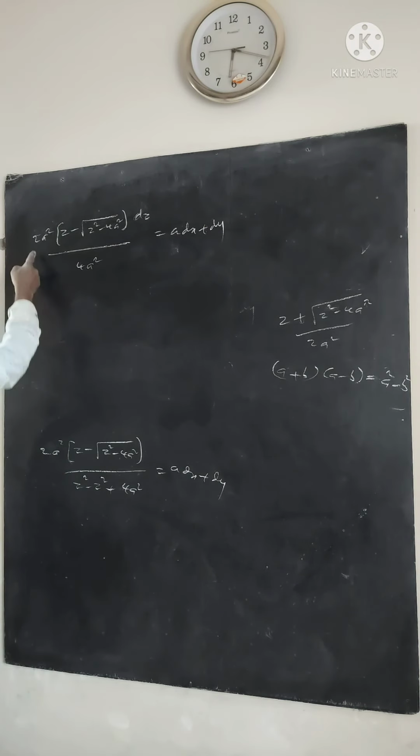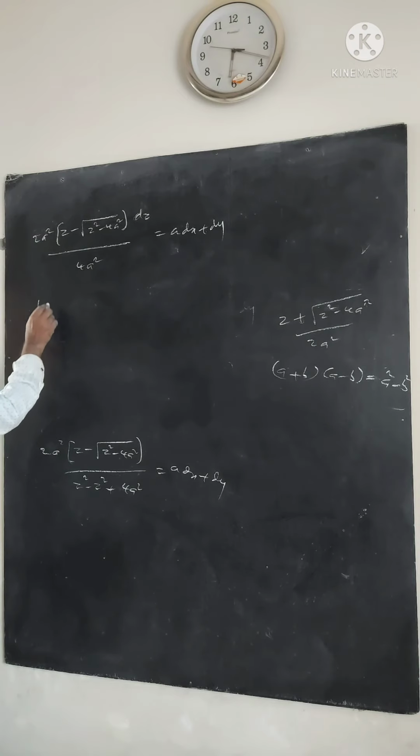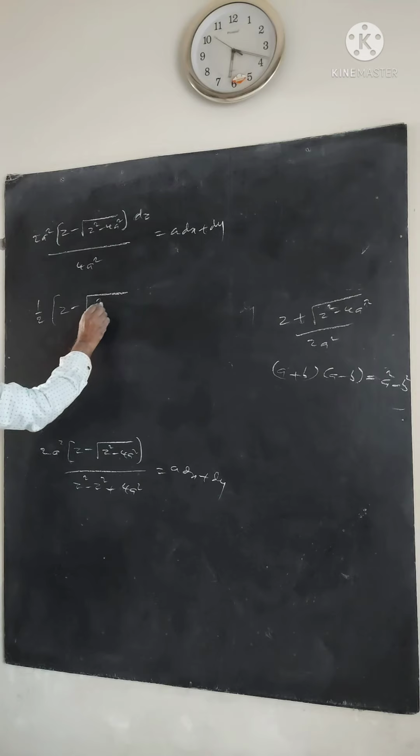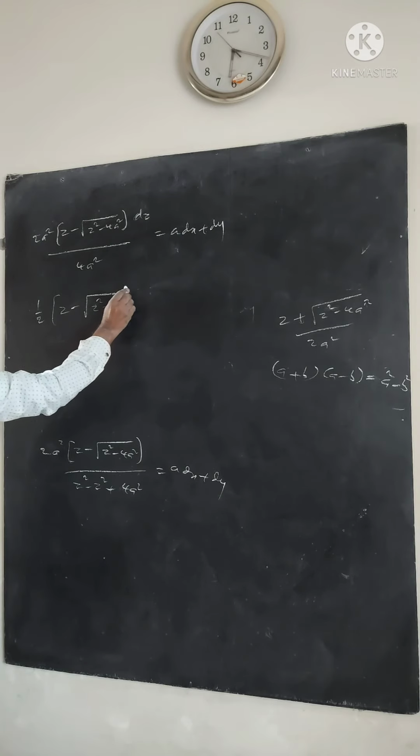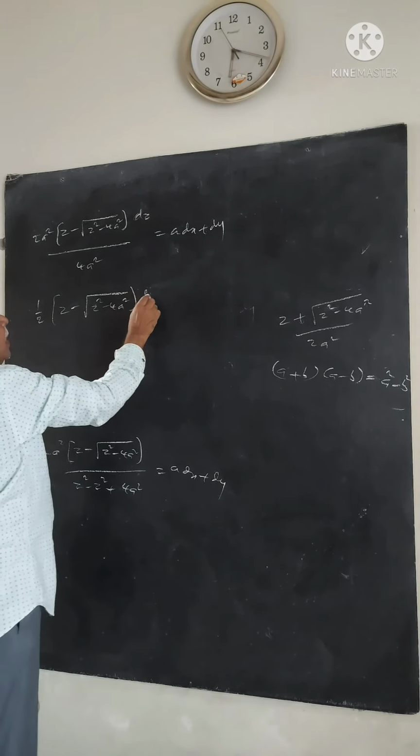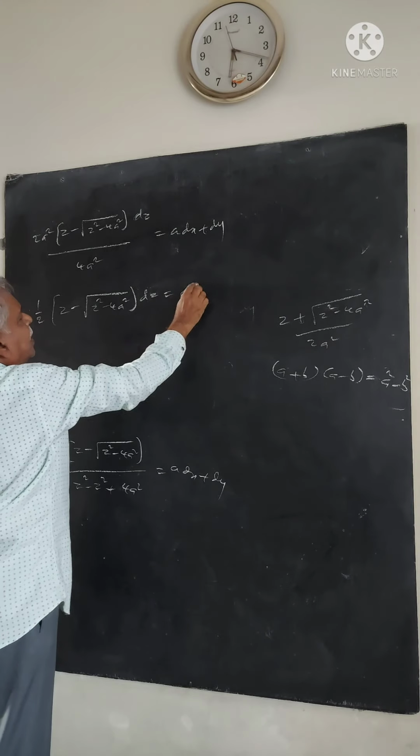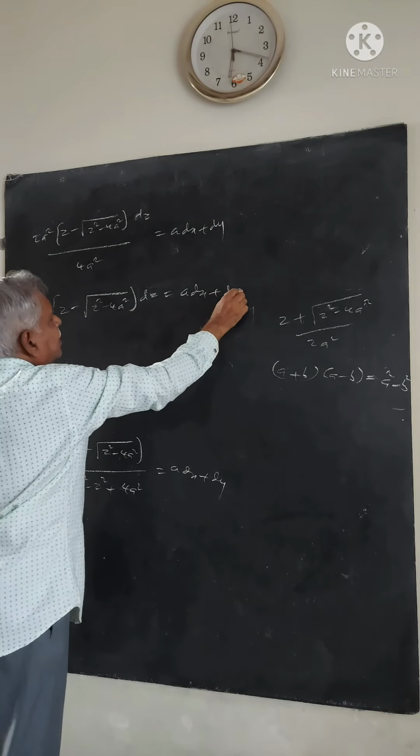The a square cancels, so 1 by 2 of z minus root of z square minus 4a square dz equal to a dx plus dy.